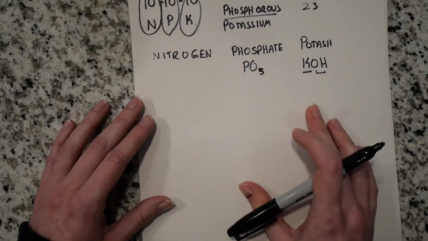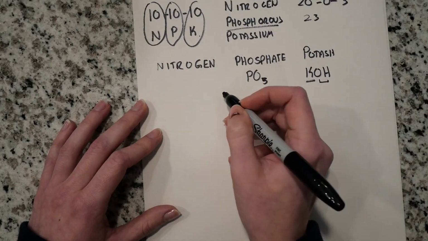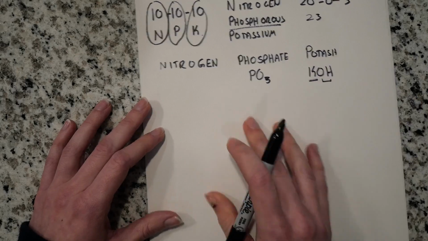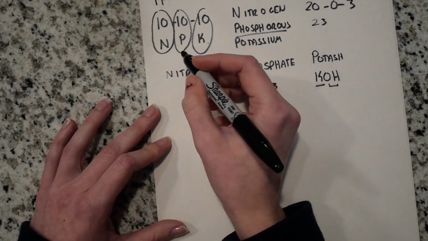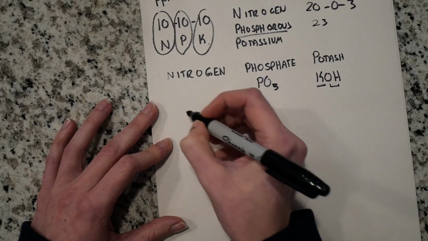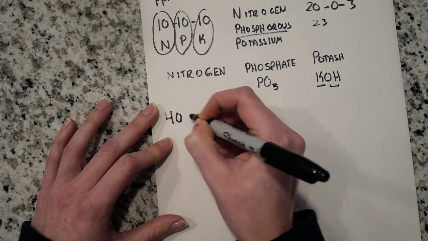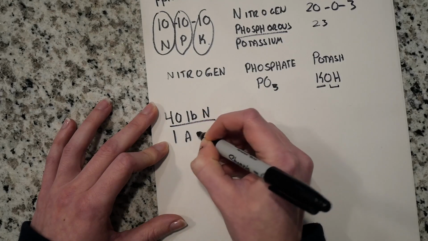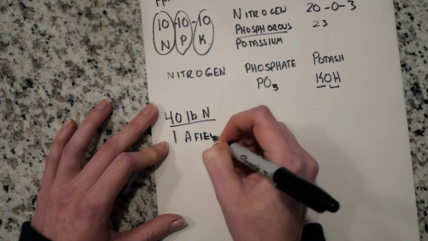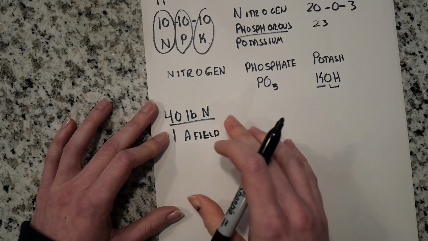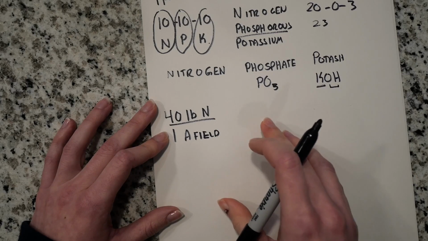So let's do an example with nitrogen just to get used to doing fertilizer equations, and then we'll move on to these harder ones. Let's say we still have our 10-10-10 bag of fertilizer, and we have a soil report that tells us we need 40 pounds of nitrogen on our 1 acre field. Again, we're looking for how much fertilizer we need.